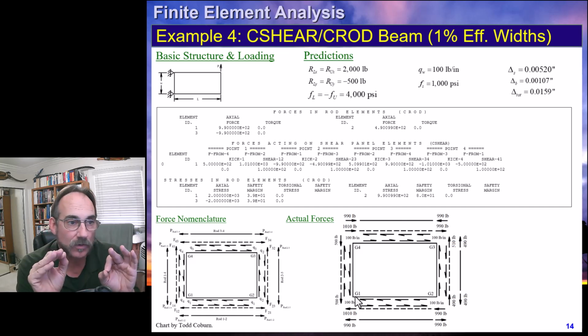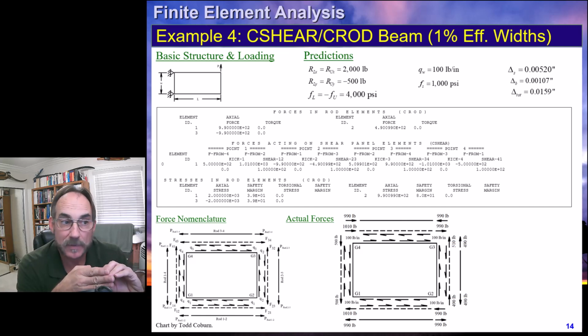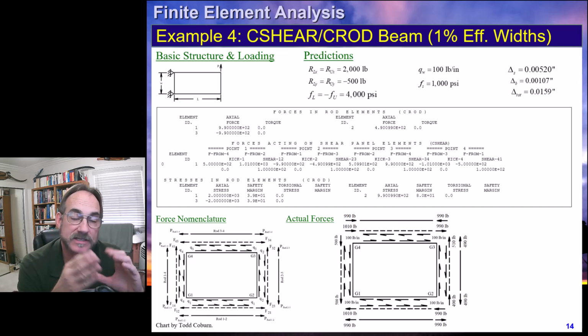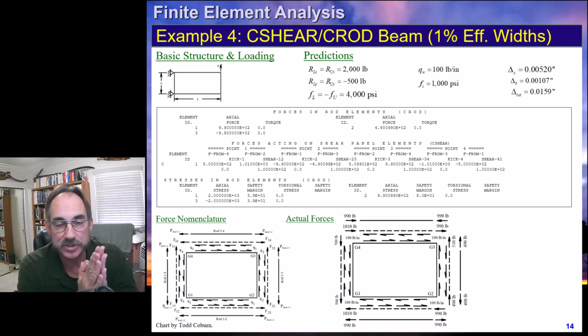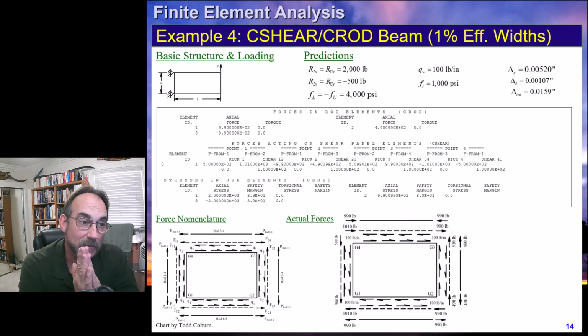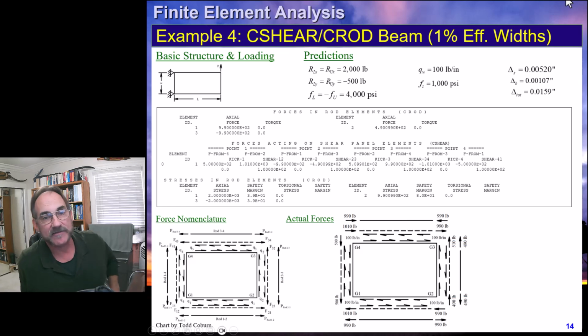It's critical that when we have shear panels, we have to account for the effect that those shear panels have on the surrounding rods, and we need to superimpose the rod forces for any surrounding members on the CSHEAR imaginary rod forces when we evaluate those stresses and forces. So you can see that this is perfectly balanced.